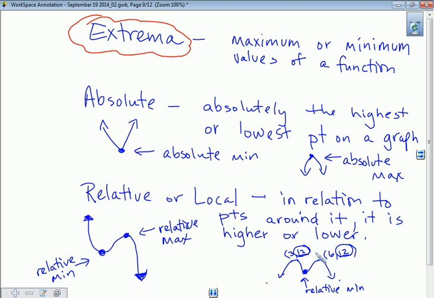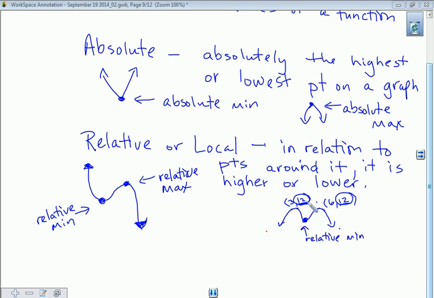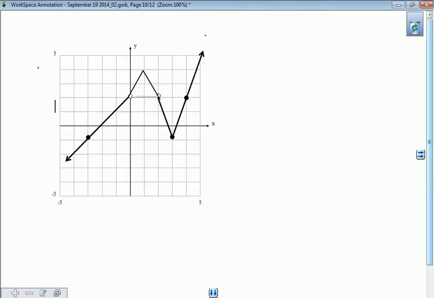So in one, I'm giving the point, and in the second, I'm just giving the y value. Right now, I'm okay with the point. By the time you get to calculus and you're finding max and min values, you're just talking about the y value. Anyway, we could say it occurs at the point or the value is.